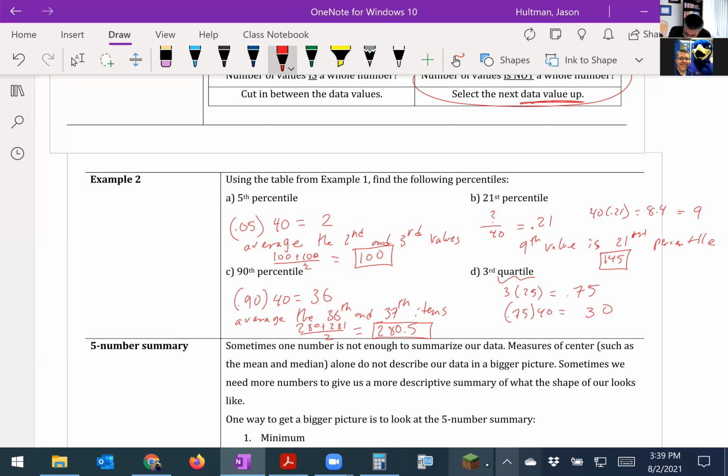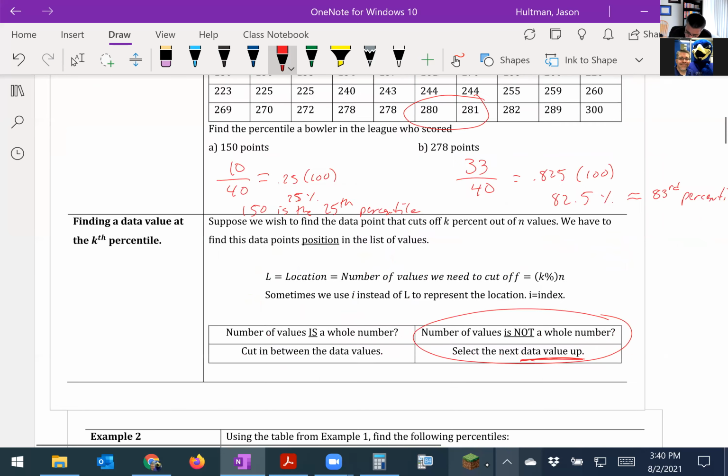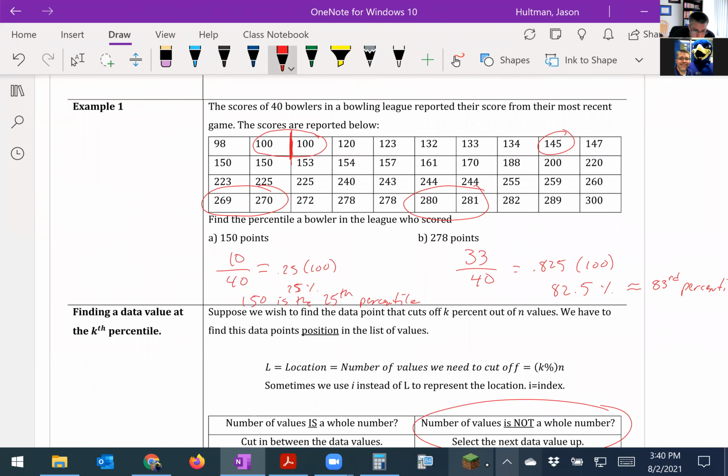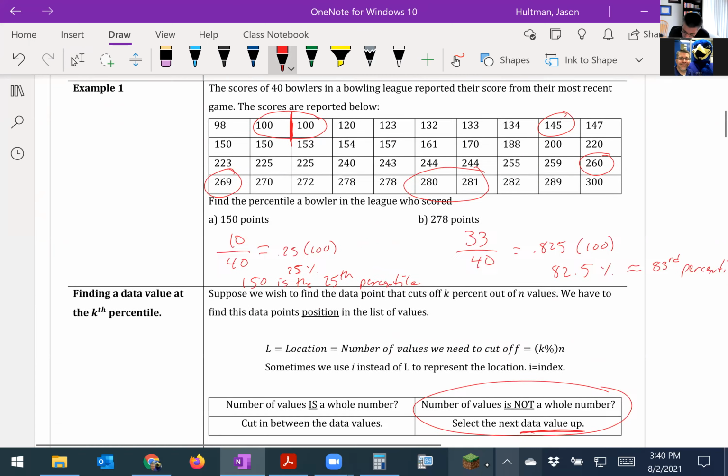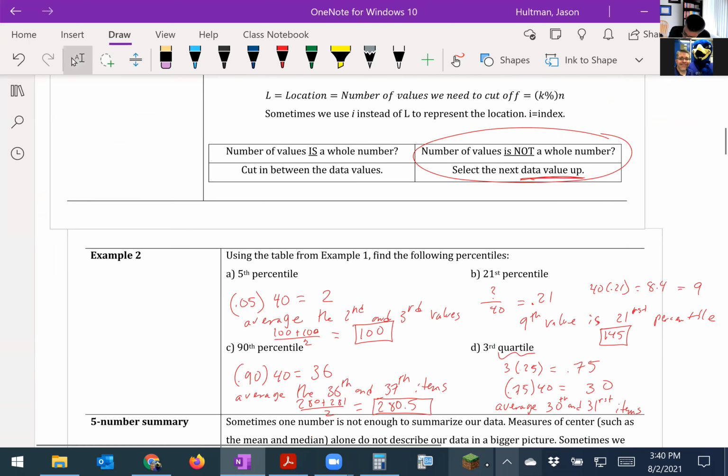So here I want to average the 30th and 31st items. What are those? It looks like 269 and 270. No, not that, 260 and 269 are the 30th and 31st. So I'm going to average those.